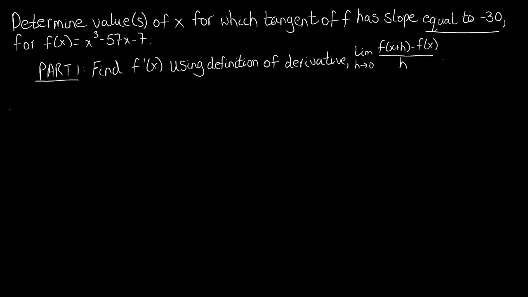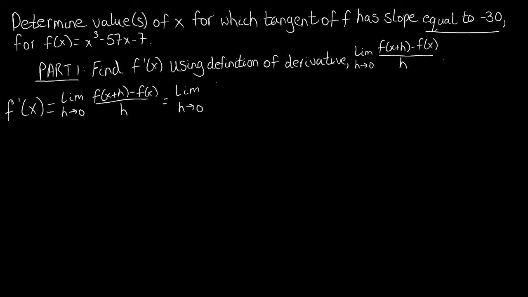Okay, so what we're going to do is we're going to take the derivative f prime of x to be the limit as h approaches 0 of f of x plus h minus f of x over h. So what this translates to in our problem is still the limit as h approaches 0.